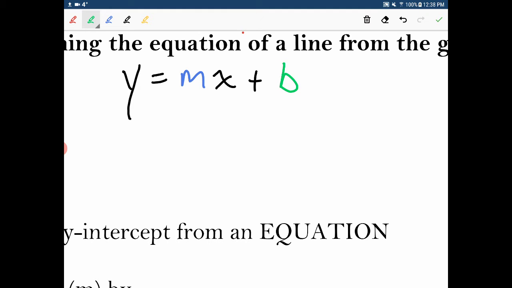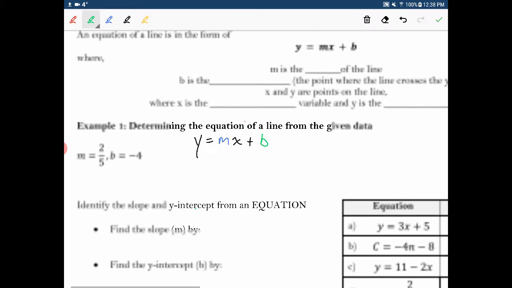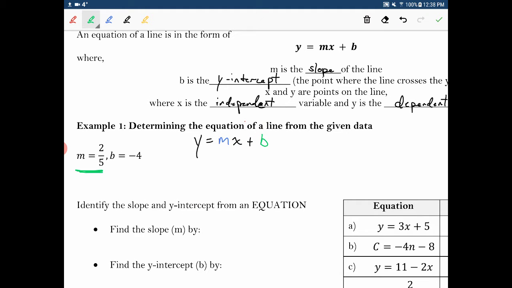Our m is equal to our slope. M is equal to our slope. Our b is our y-intercept. So we just take those two numbers and we just sub them directly into that equation.